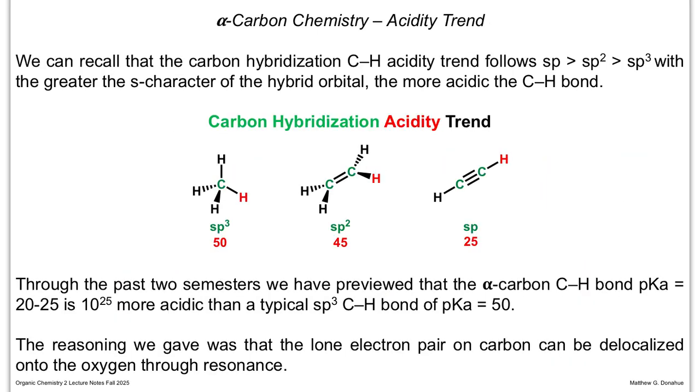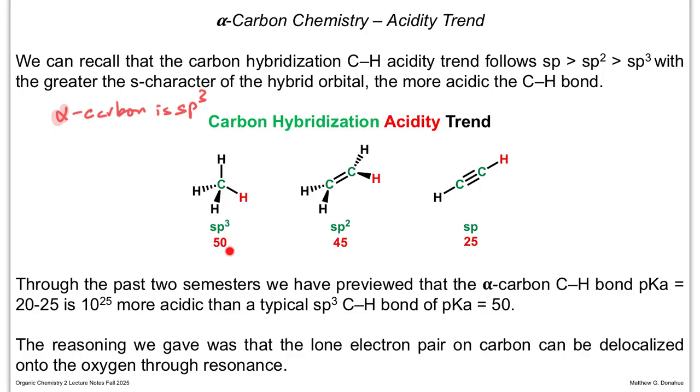So what is responsible for that increased acidity, given that the alpha carbon is sp3 hybridized? As we see with your normal sp3 hybridized carbon in green, we have an H attached to it.